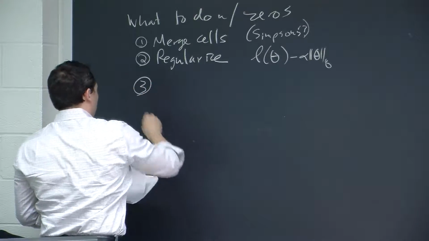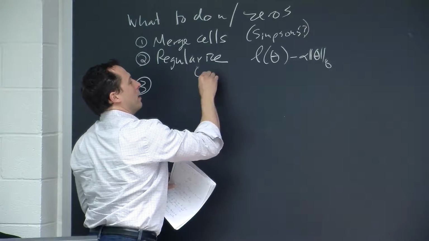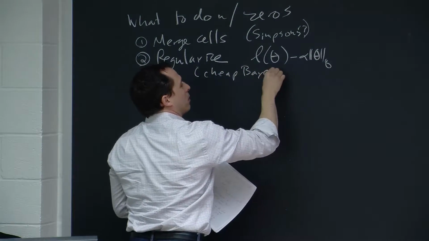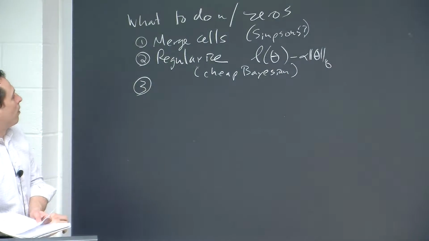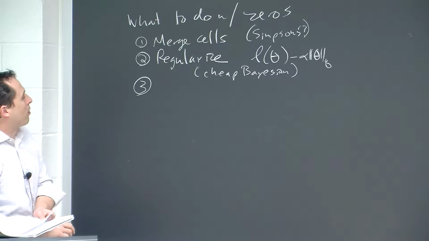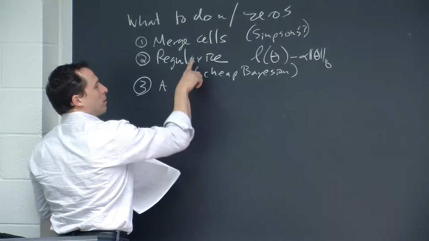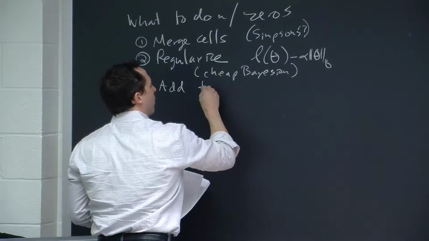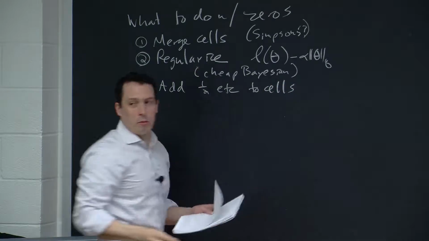We think about regularizing as also sort of being like a cheap Bayesian. So an even better way would be to be full Bayesian, but that's often too complicated, it might be computationally difficult. We had an even cheaper version, which is related to these two, which is to add 1/2 or something similar, some small value, to cells.